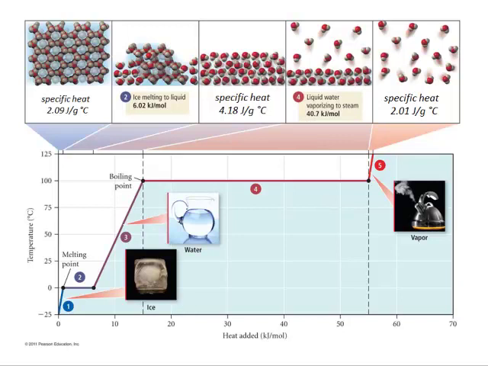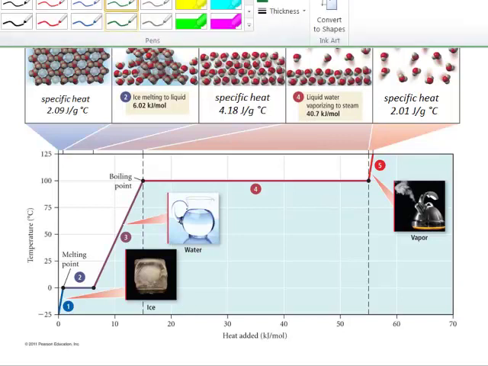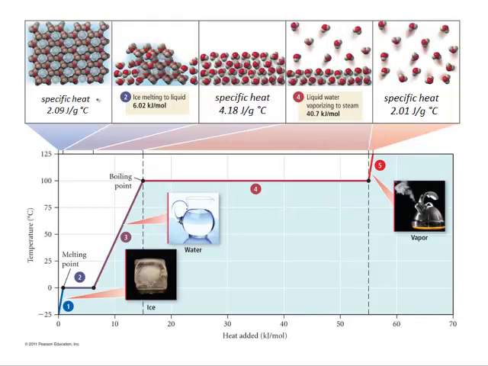So we will get units of joules, energy per mass per degree Celsius, and that's referred to as specific heat. Now, each of these transitions, prior to transitioning from, say, the solid phase to liquid phase, if you're below zero, you have to increase the temperature. So it takes 2.09 joules per gram degree Celsius to increase the temperature of solid water.